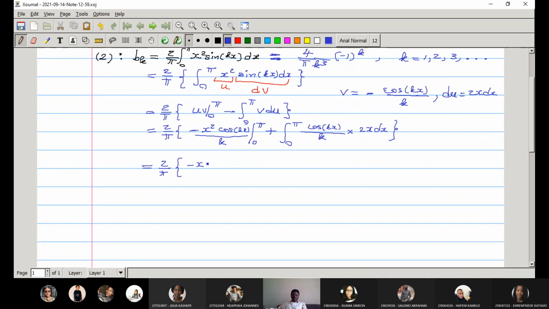So we have here negative x squared cosine kx by k, and then we integrate from 0 to pi. So what I was saying is that we can rearrange this.